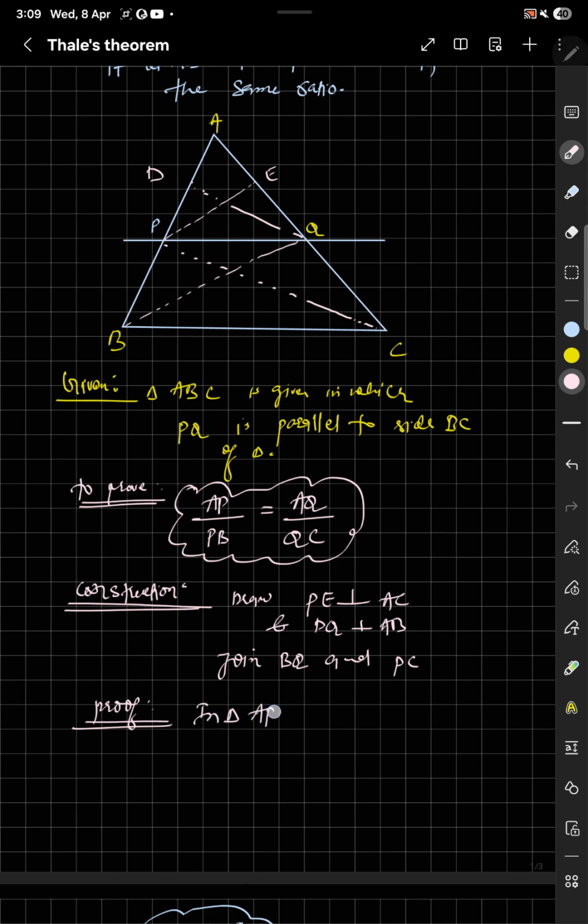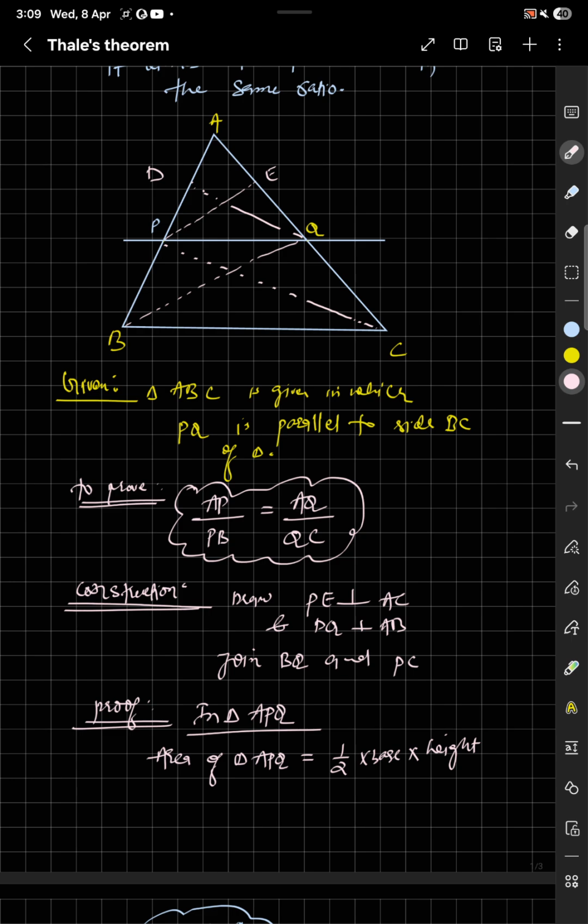In triangle APQ, if you find the area of triangle APQ, what you will get is 1 by 2 into base into height. So what is base here and what is height here?